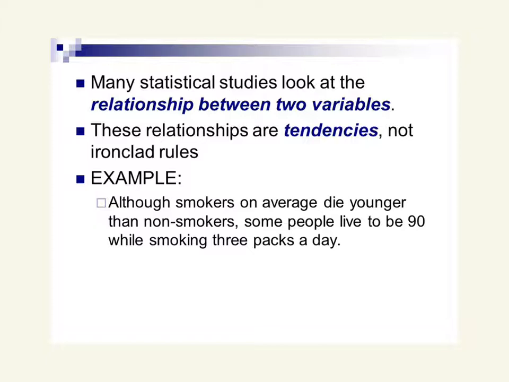Now he's an outlier in a situation. We know as a tendency, most smokers die younger than non-smokers. Again, that's a tendency. It's not an ironclad rule. It doesn't hold true for every single case, but in most situations that is a predictable relationship that we could analyze. But again, just remember it's a tendency, not an ironclad rule.